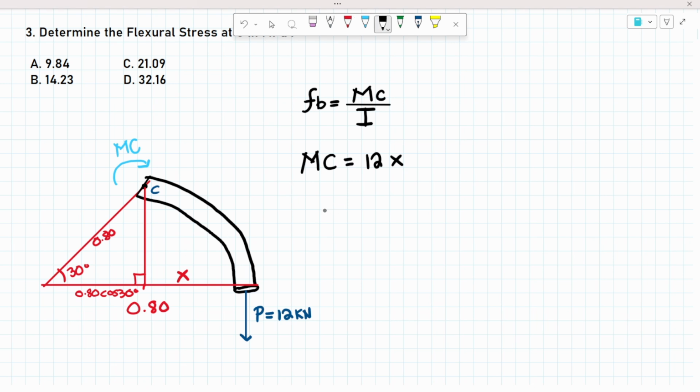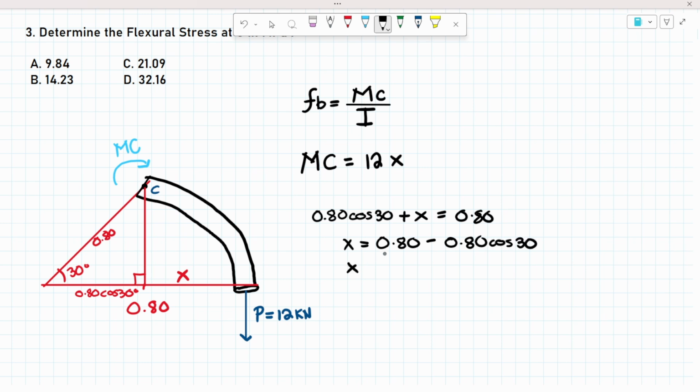Now, with this, we can say that 0.8 cosine 30 plus x is equal to 0.8. Solving for x, that is 0.8 minus 0.8 cosine 30. X would be equal to 0.107 or 107.